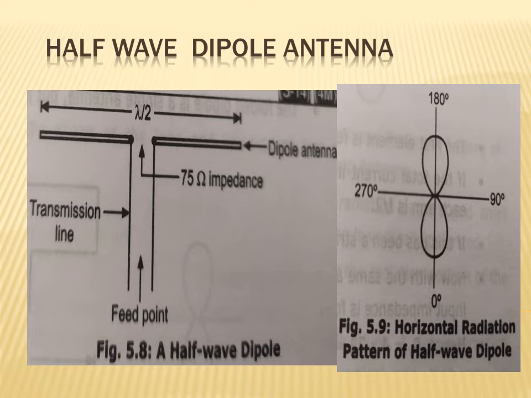This dipole antenna is some form of electrical conductor. It may be a length of wire, a metal rod or piece of tubing.